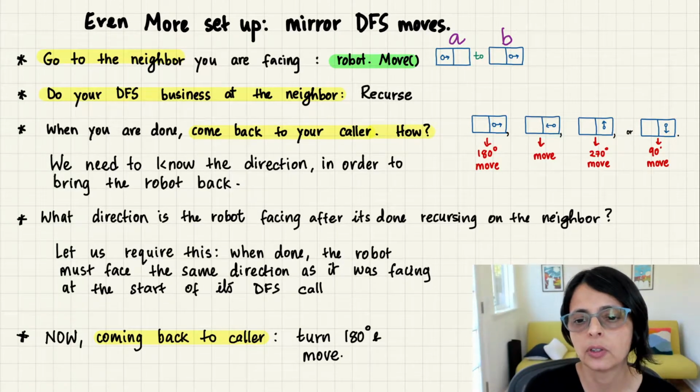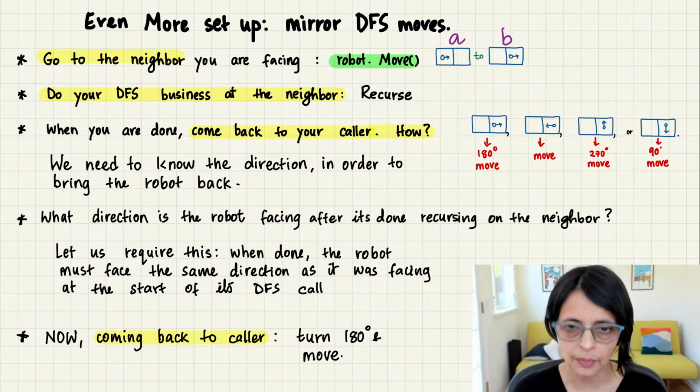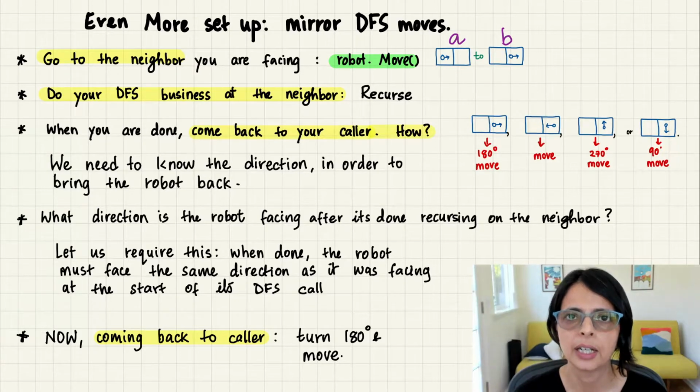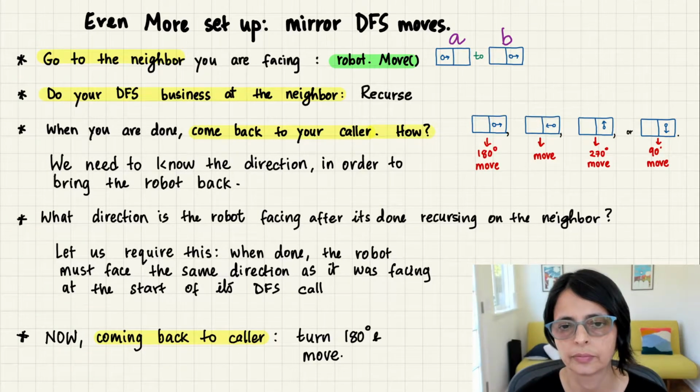Now I want to bring the robot back to A. How do I do that? Can I do that if I don't know the direction the robot is facing when it is all done with the DFS on B? And I think you can see that we can't.